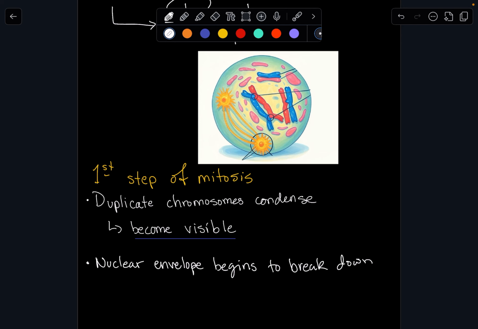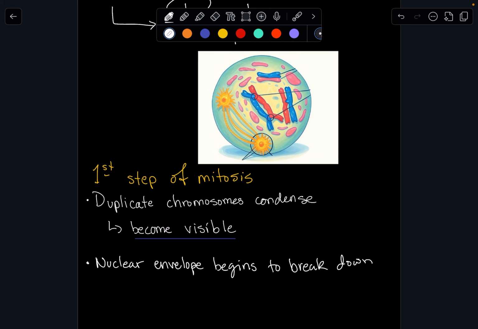In order to ensure that we have chromosomes going into opposite directions so we can have cell division, the nuclear envelope, right here in these little pink fragments, breaks down. And this allows us to actually see the chromosomes once the nuclear envelope has broken down.